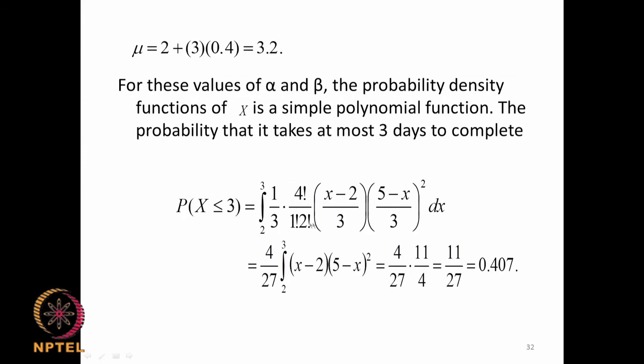You substitute this into the equation and integrate, and you end up with a probability of 0.407. So, the probability of completing the task in at most 3 days, that means a maximum of 3 days, is given as a probability of 0.407. Okay.